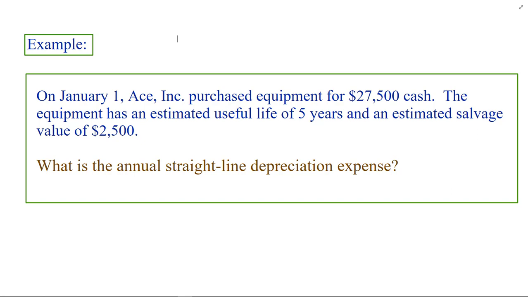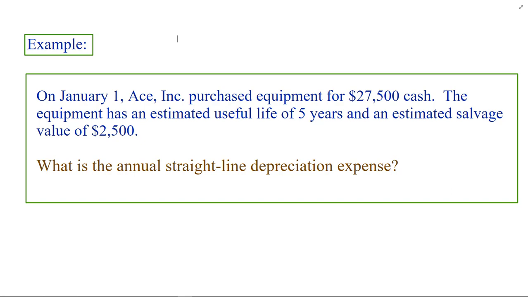Maybe that equipment could be used for more than 5 years, or for less than 5 years, but in the straight line method we calculate on the basis of 5 years, which is the estimated useful life of the asset. And estimated salvage value of 2,500.